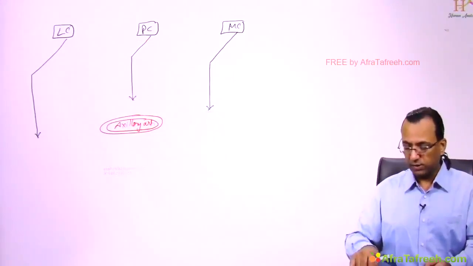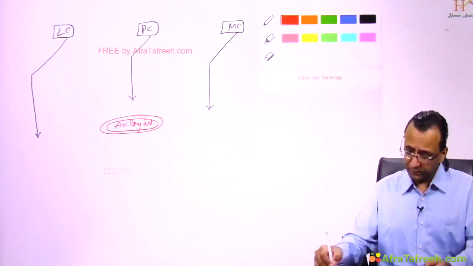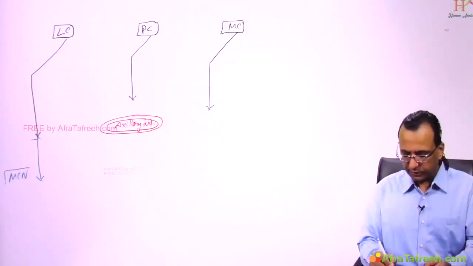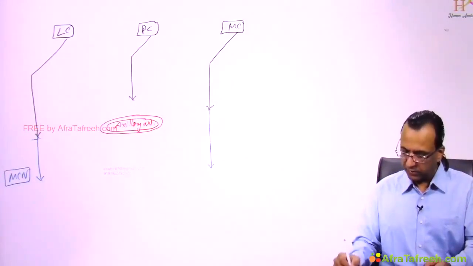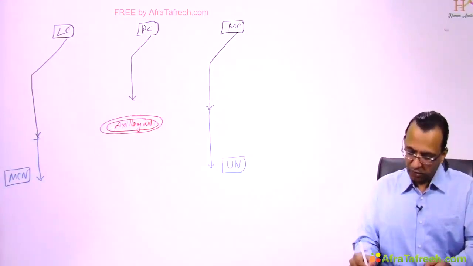And then what is the continuation? The lateral cord continues as the musculocutaneous nerve in the axilla, the medial cord continues as the ulnar nerve, and the posterior cord continues as the radial nerve.